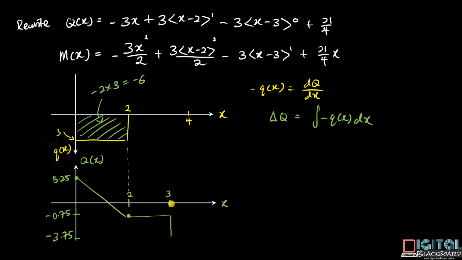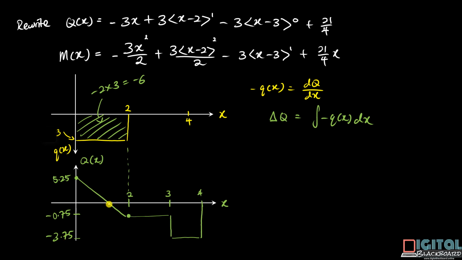And then beyond x equal to 3, there's no more applied loading, no distributed loading, all the way until the end of the beam at x equal to 4. So from this diagram, we can deduce that the internal shear force at the end of the beam at x equal to 4 is actually minus 3.75 kilonewtons.